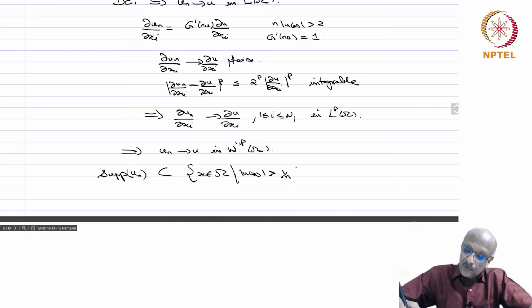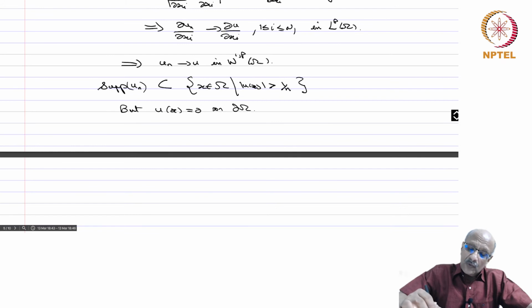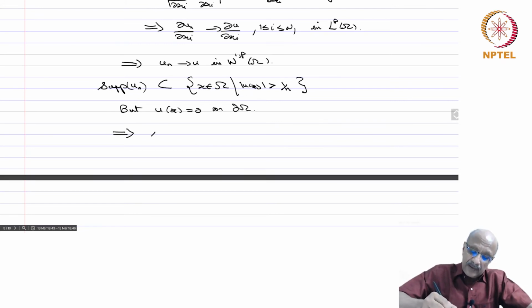Okay, so therefore it has to be support like this, but u of x is 0 on d omega, and support is only when u of x is strictly bigger than 1 by n, and therefore this implies that support of un is bounded, closed.